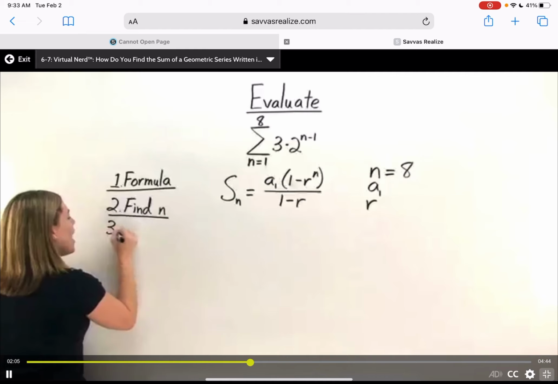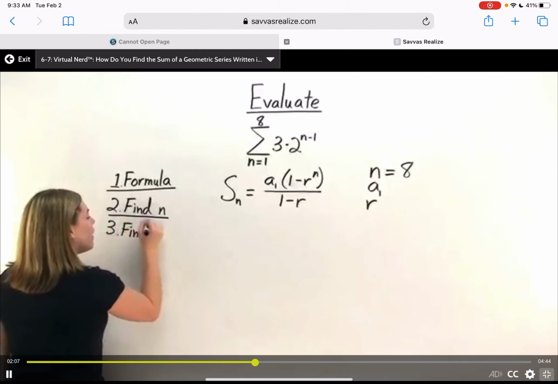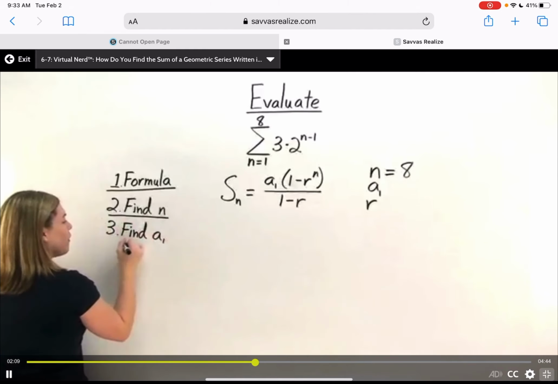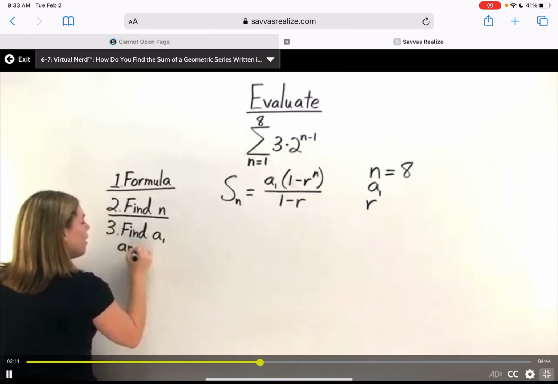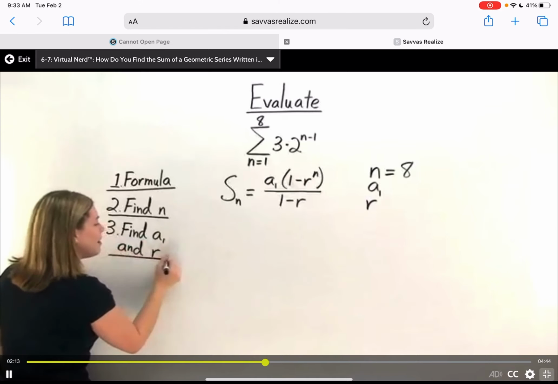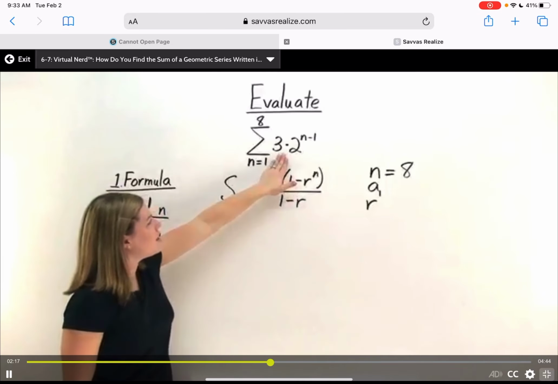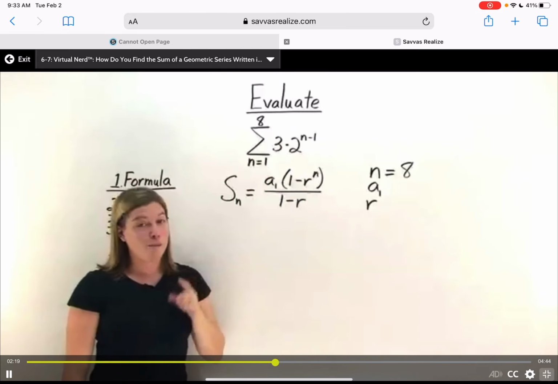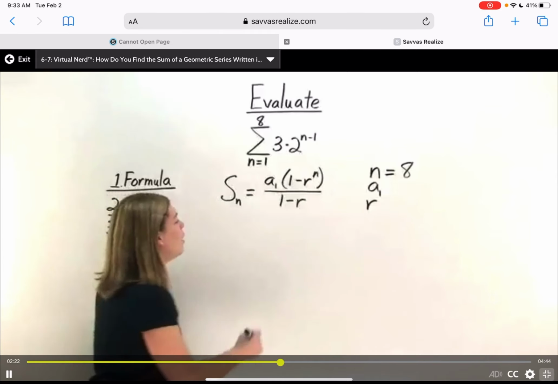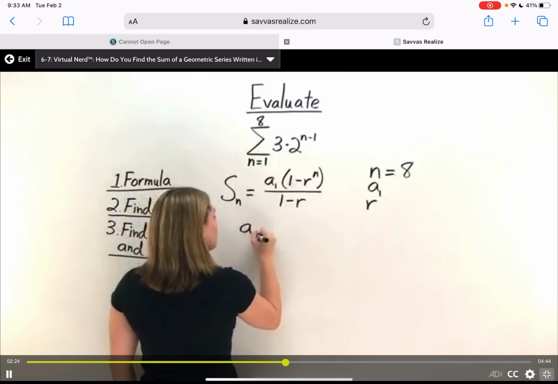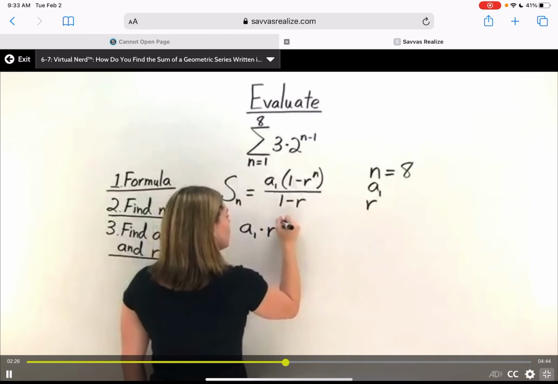Now that we know what n is equal to, let's go ahead and find the value of the other variables, a sub 1 and r. Well, a sub 1 is the first term, and we could find that by plugging 1 into this right here and simplifying. But there's a little faster way. We actually have an explicit formula for a geometric series.